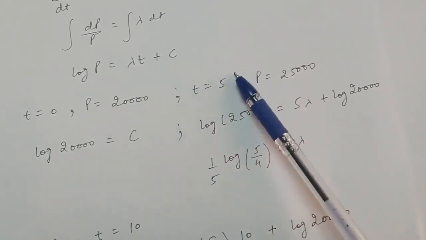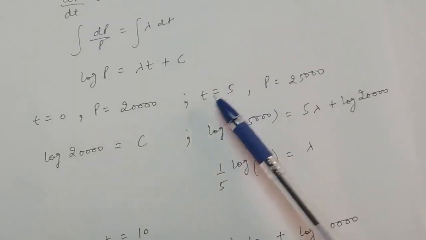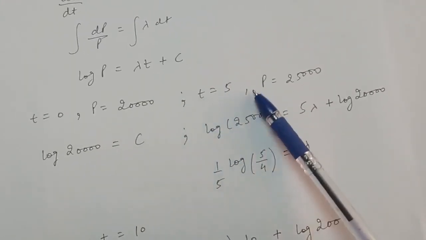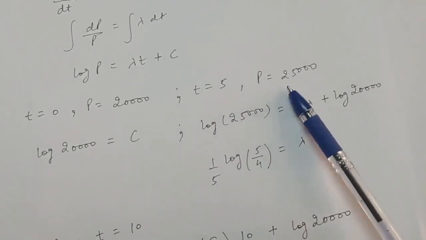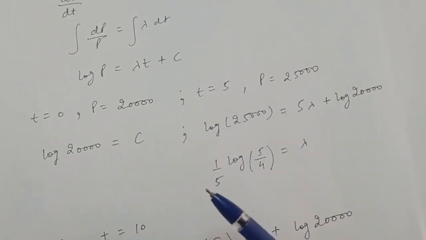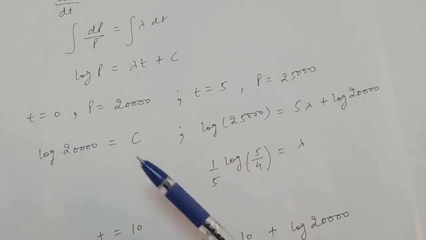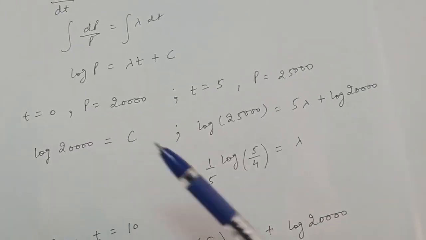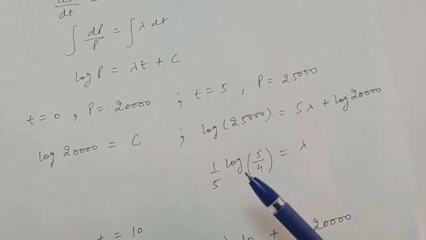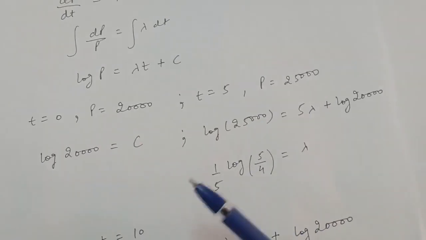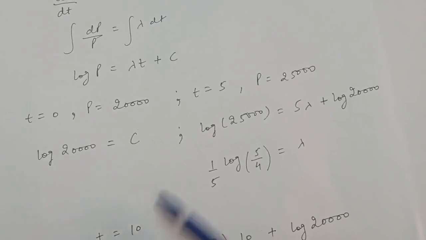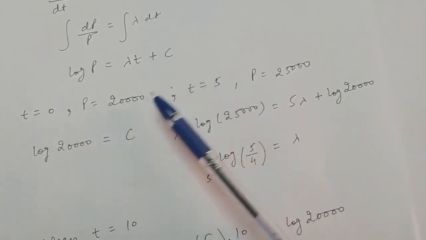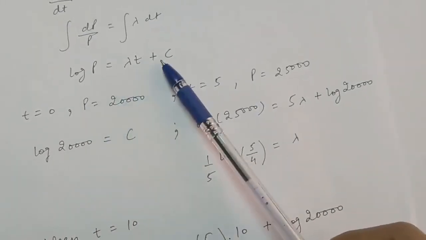So let when t is 5, P is given as 25,000. They are asking what will be the population of the village in 2009. So from 1999, if we have to go to 2009, it will be 10 years. So we have to calculate the value of P when t is equal to 10.